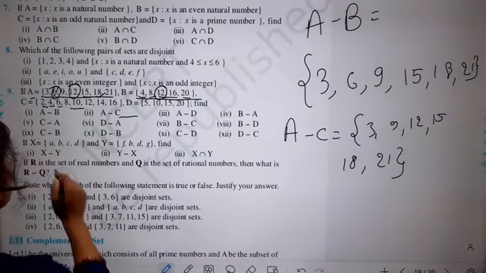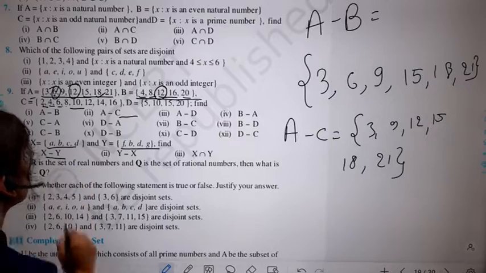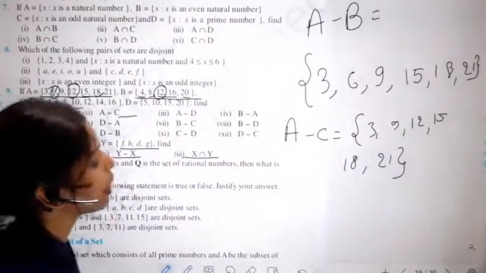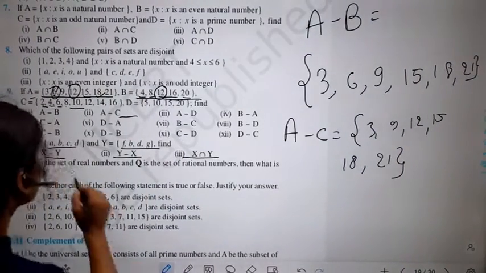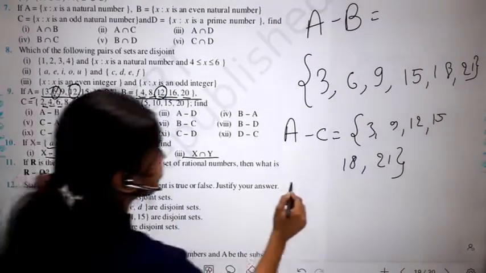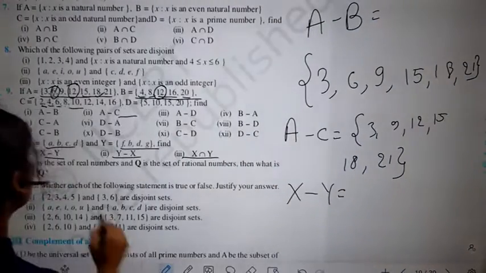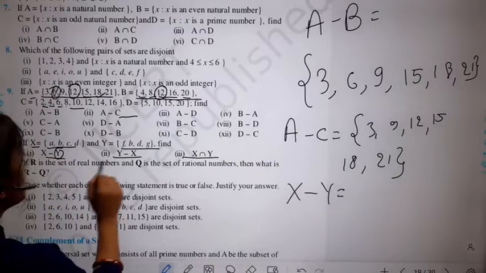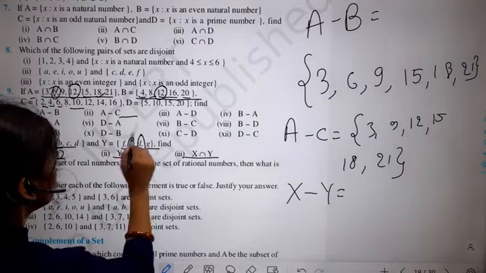Next one is if X is equal to this and Y is equal to this, what will be X minus Y, what will be Y minus X, and what will be X intersection Y. Then X minus Y, first I find out. So I have to subtract Y from X. Then B and D we subtract here.